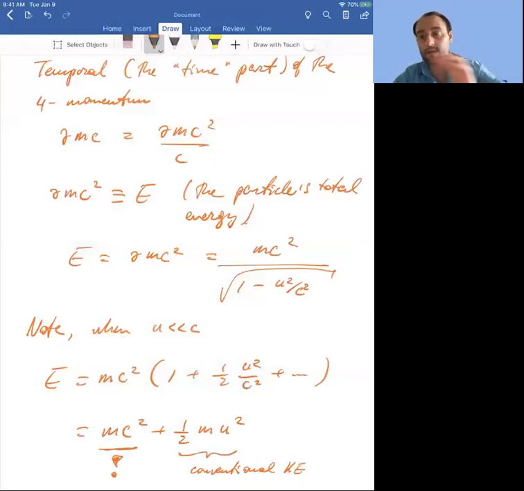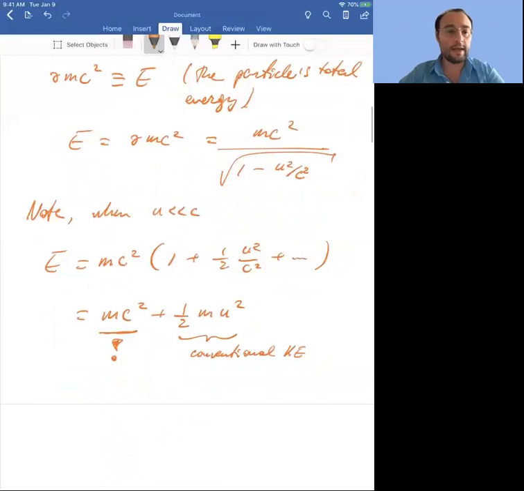Because again, what has to be conserved is the four momentum, which has this energy part and the relativistic momentum part. That's what has to be conserved. The mass, there's no rule that says that the mass has to be conserved. Okay, and so in any case, we have two parts to the energy.